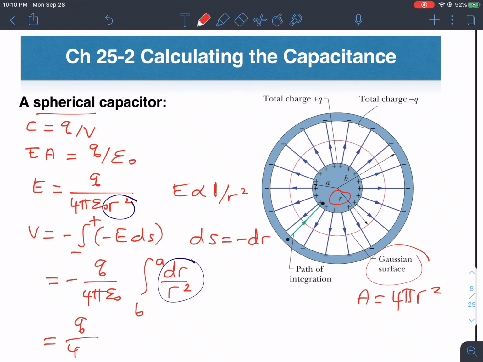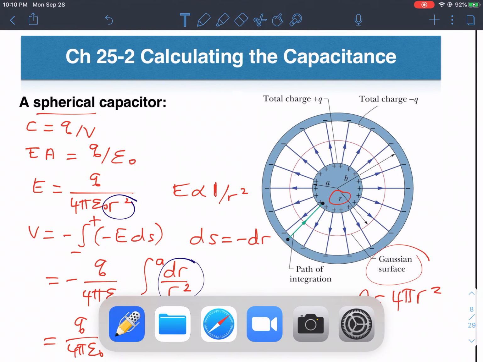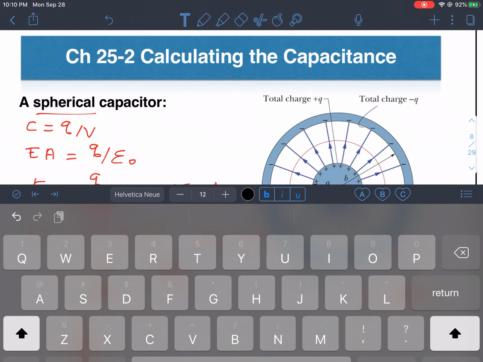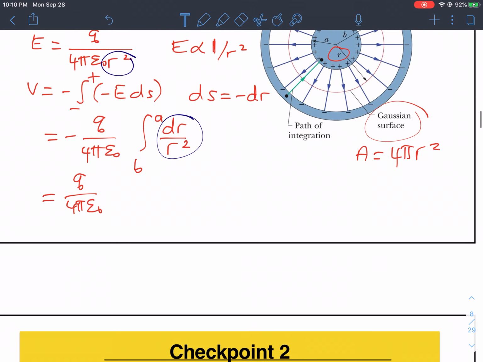When you integrate this, you get Q over 4 pi epsilon naught first of all. Plugging in the limits, the integral gives you 1 over r, so we have 1 over a minus 1 over b.